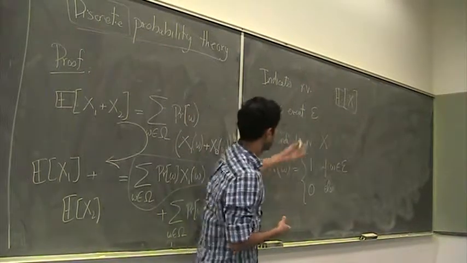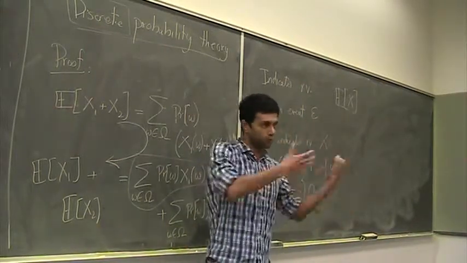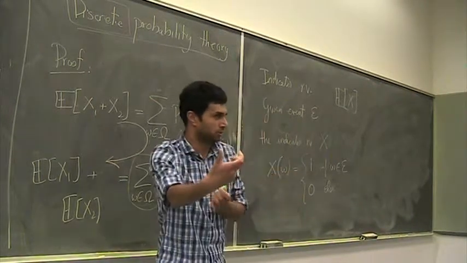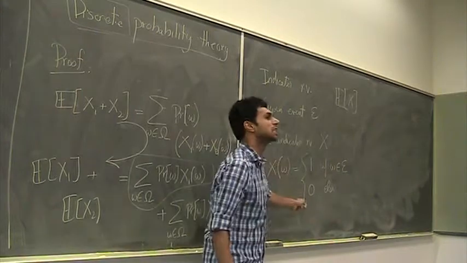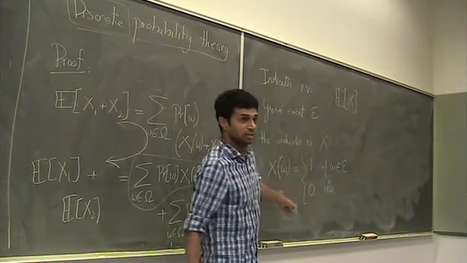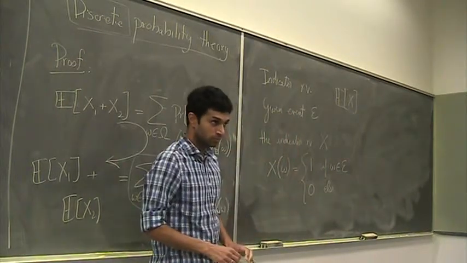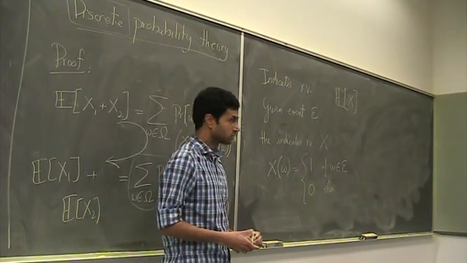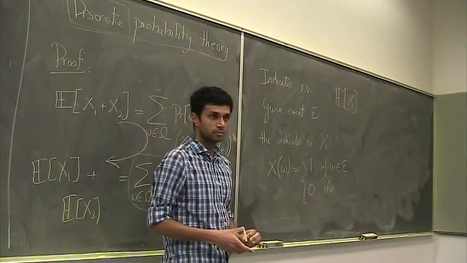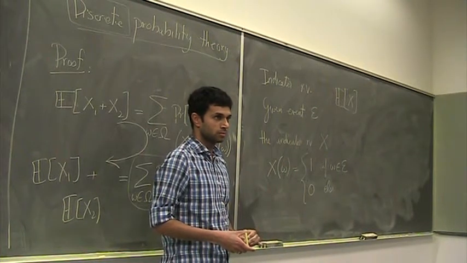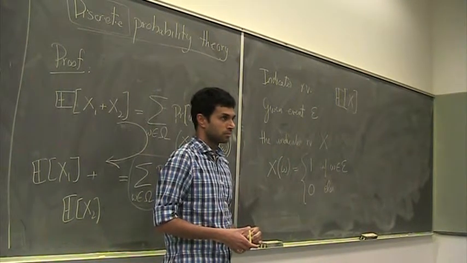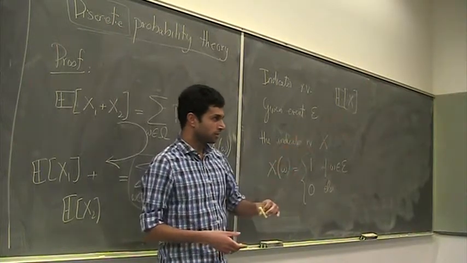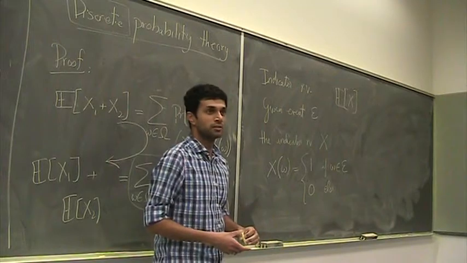Like, write out the expectation as the sum over all outcomes, right? Of the probability of the outcome times the value. And then you'll kind of see what this is. Yeah, any guesses? Yeah? Is it the probability of the event? It's just the probability of the event.